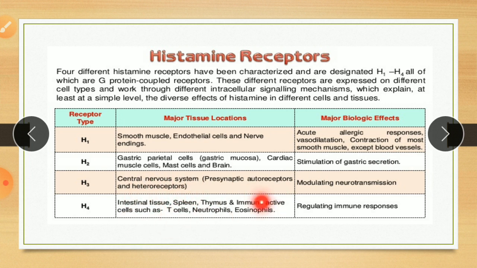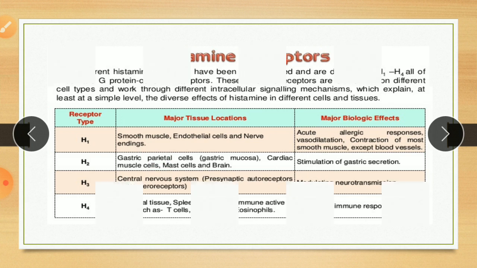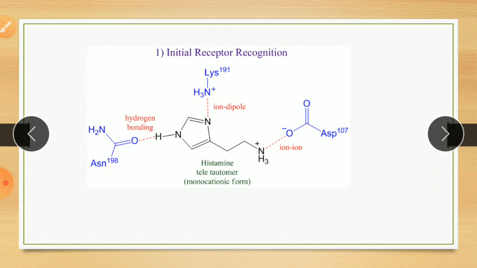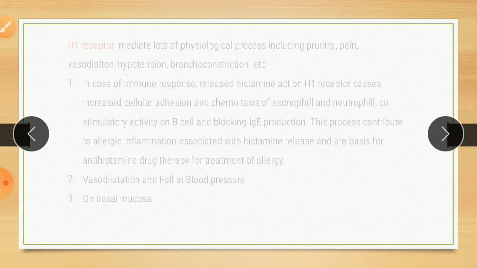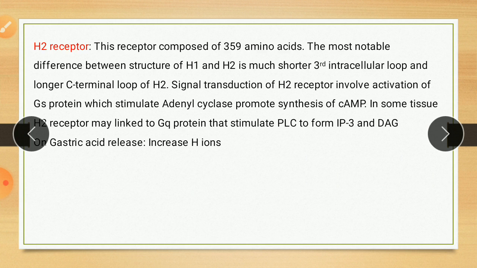These are the locations, and the function is regulating immune responses. So this table in short shows the location and biological effect after stimulation of H1, H2, H3 and H4 receptors. So it is about the receptors of histamine, H1 and H2.